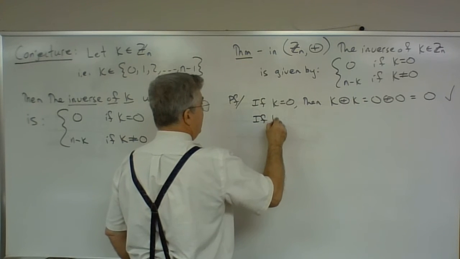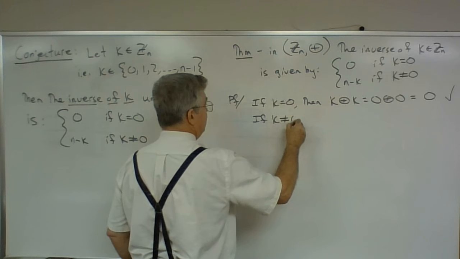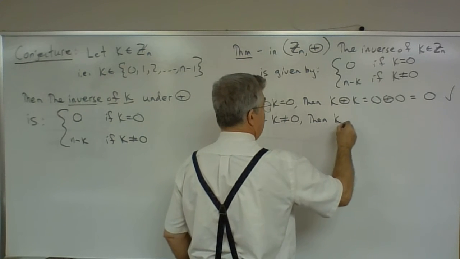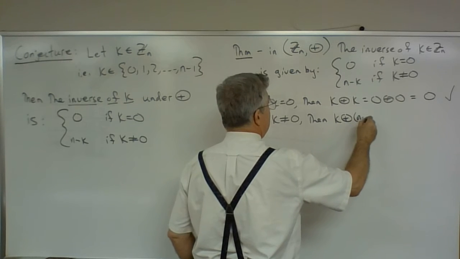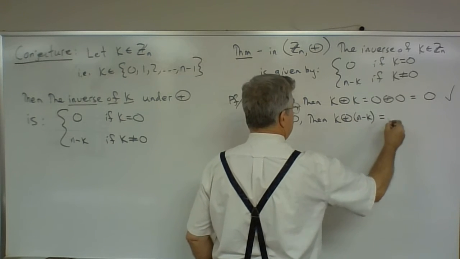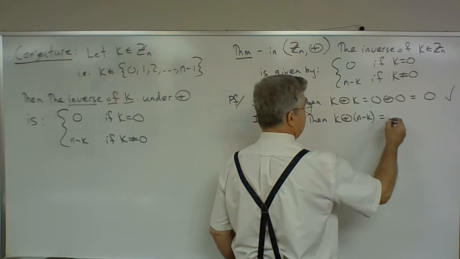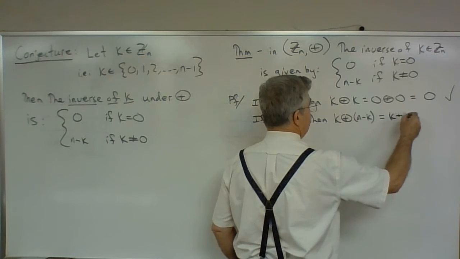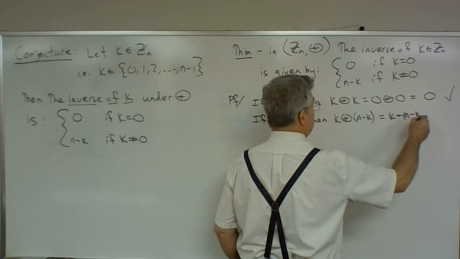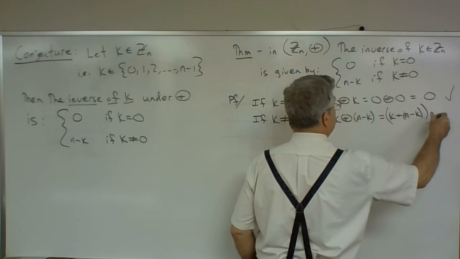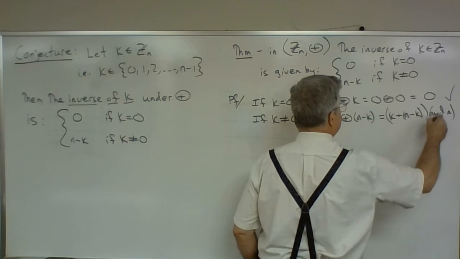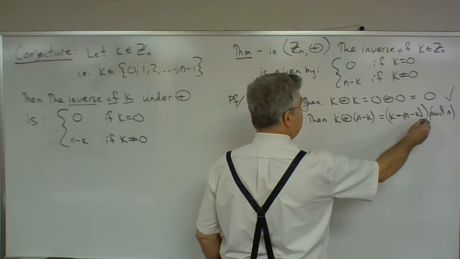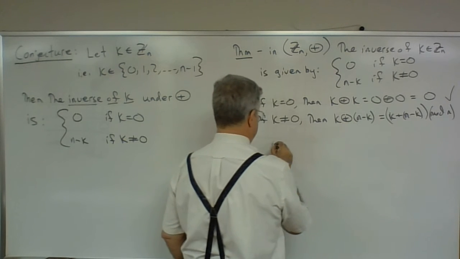Okay, if k is not equal to 0, then k plus n minus k is equal to k plus n minus k mod n. But this is just n mod n.